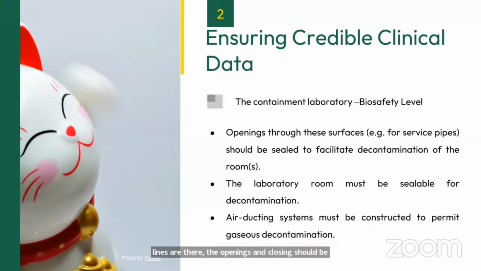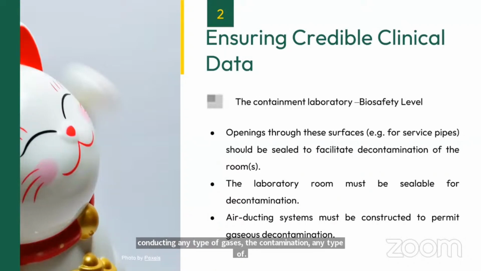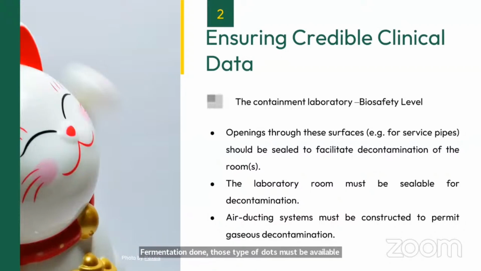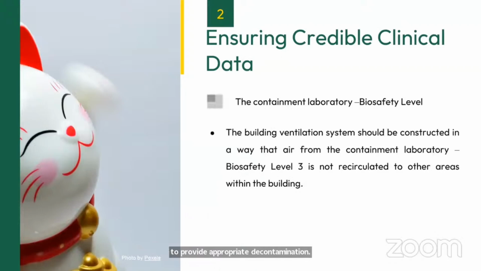The laboratory must be sealable for decontamination, so that area can be completely sealed when you are going to decontaminate it. The air ducting system must be constructed to permit gaseous decontamination, such as for fumigation, so that appropriate decontamination can be provided in the containment zone of your laboratory.